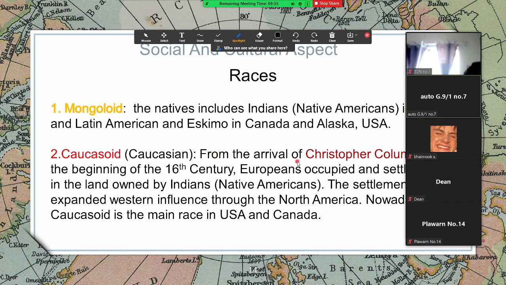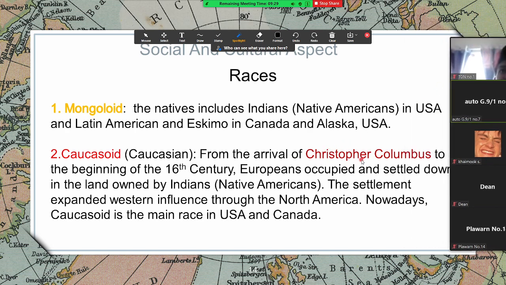From the arrival of Christopher Columbus to the beginning of the 16th century, Europeans occupied and settled down in the land owned by the Native Americans.